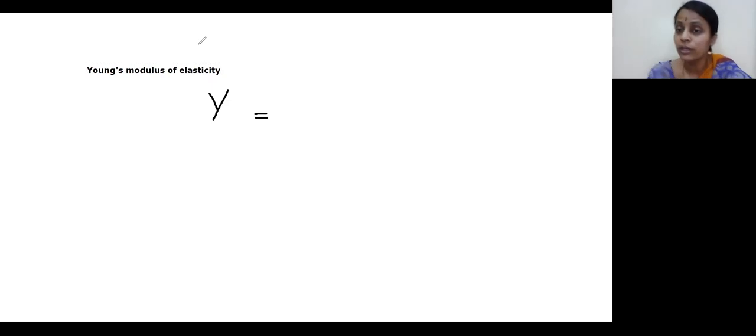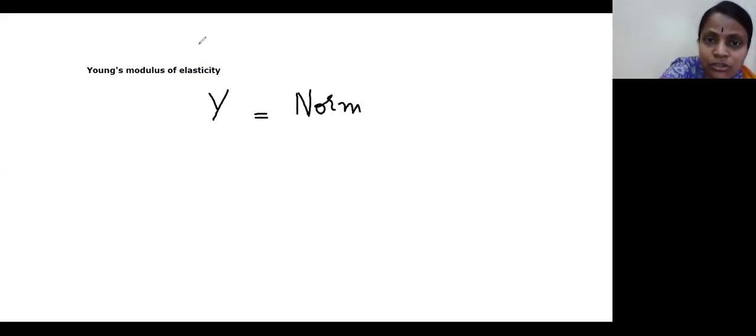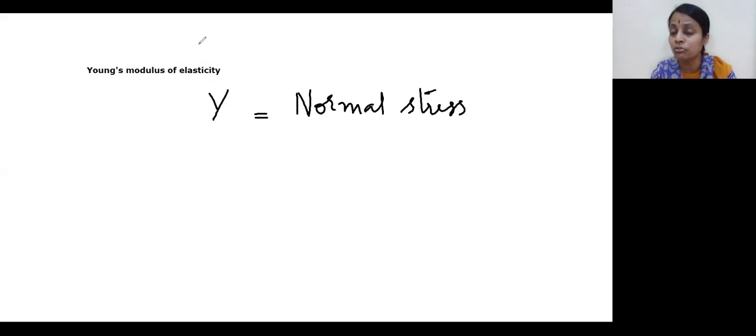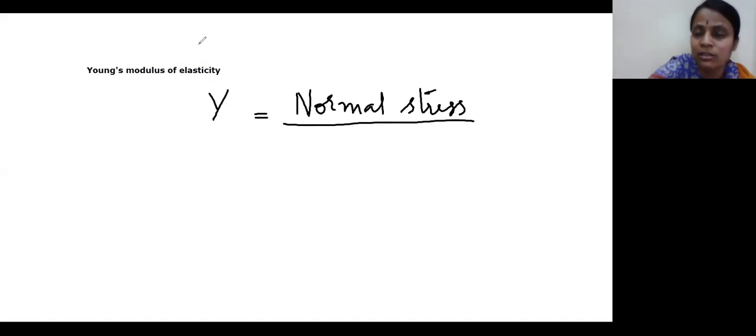It is going to be defined as the normal stress, otherwise linear stress. What is the meaning of normal stress or linear stress, children? Do you remember from your previous classes? It is the stress that is applied normal to the given surface of the solid. So this is normal stress, otherwise called longitudinal stress, linear stress.